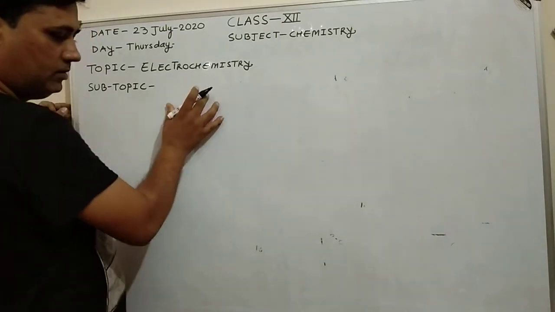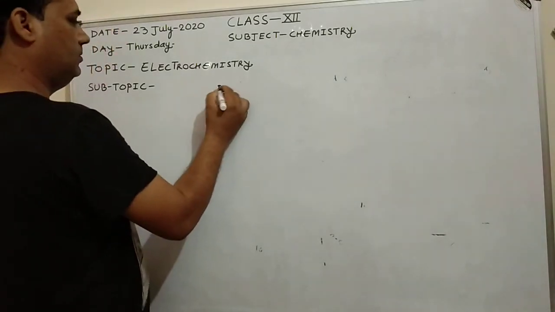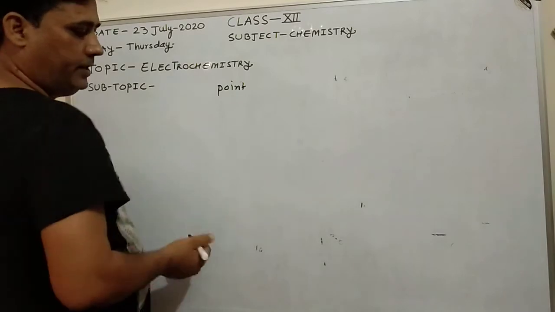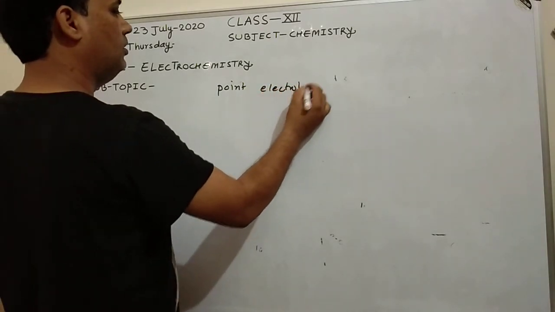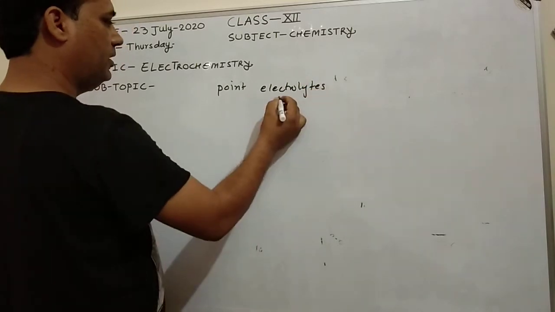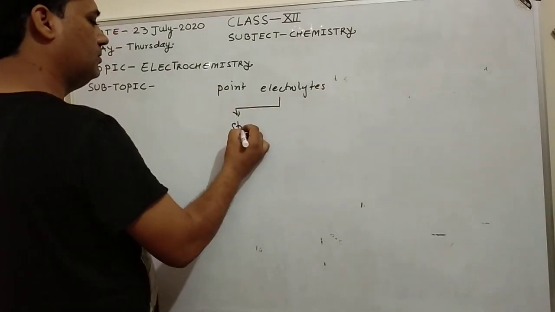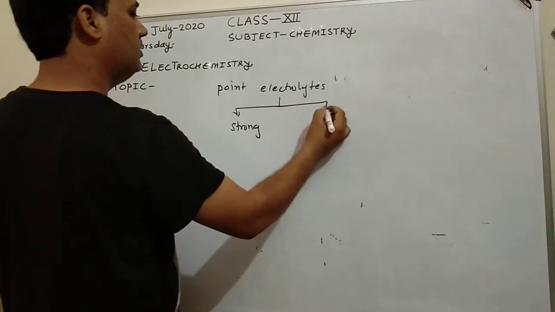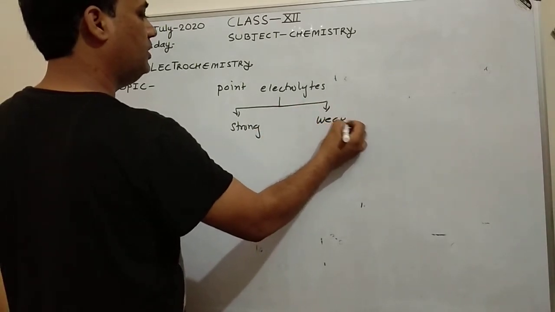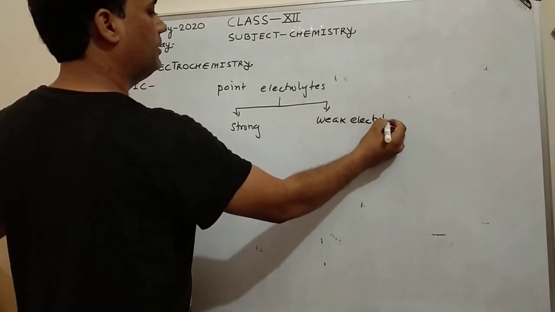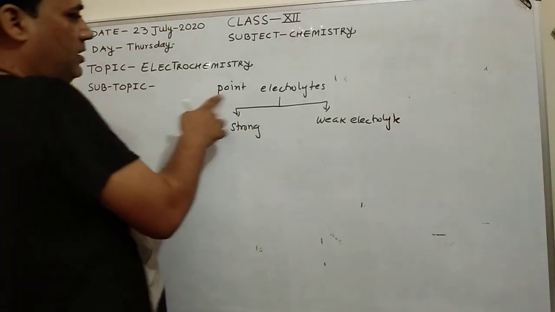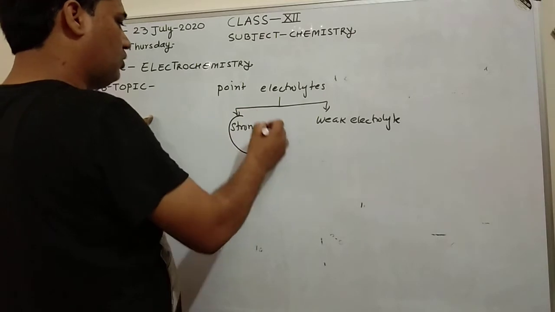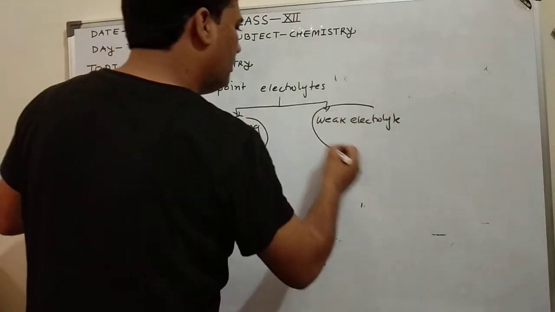The infinite dilution point depends on electrolytes, that is strong electrolyte and weak electrolyte. Saturation points depend on the nature of the electrolyte, that is strong electrolyte and weak electrolyte.